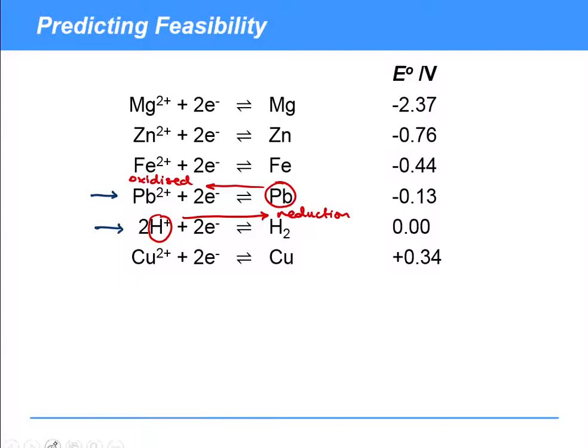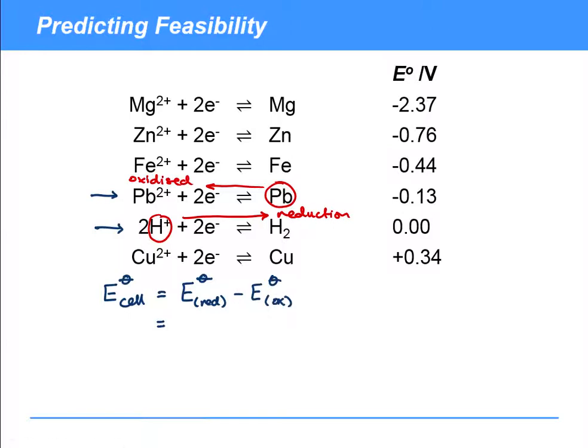So we can calculate E cell for this reaction. Again, something that you could pause the video and try. So we're going to do E standard cell. Because it's a reaction, we're going to do E standard of the reduced species minus E standard of the oxidized species.